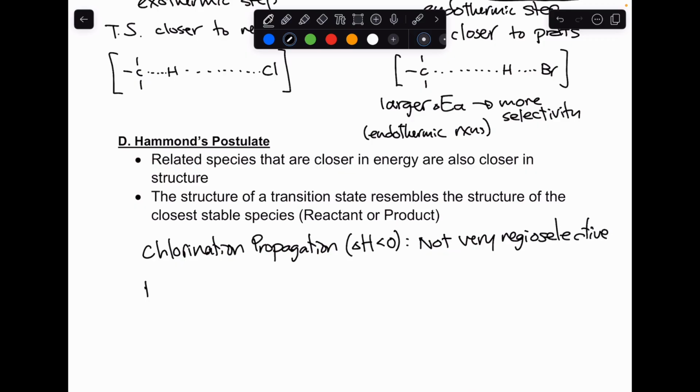Whereas bromination reaction propagation, where it's endothermic, it's a lot more regioselective.